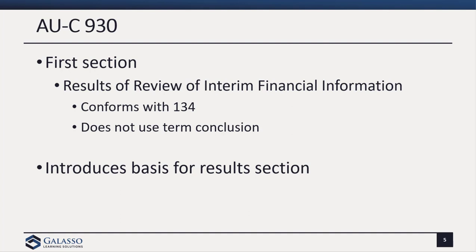But the big change here is that it does not use the term conclusion, which has been in the extant standard. In addition, it introduces that concept of a basis, because we're going to refer to a basis for results section, similar to the basis for opinion section in SAS 134.